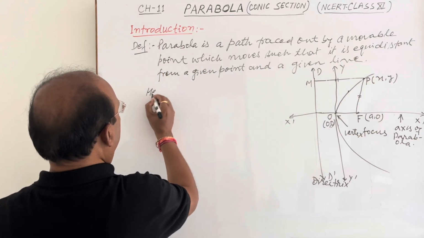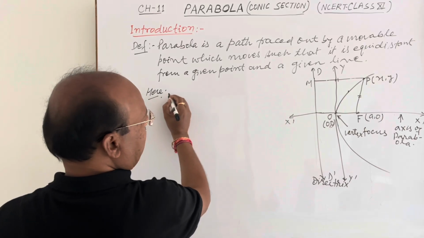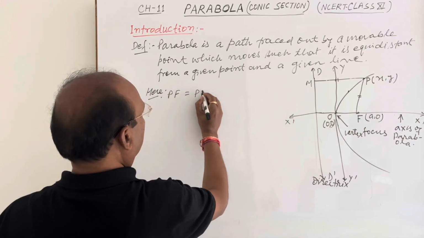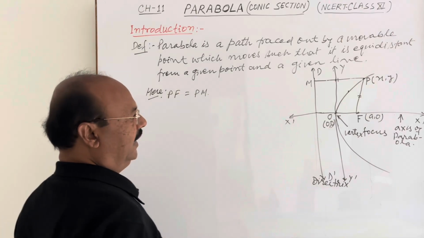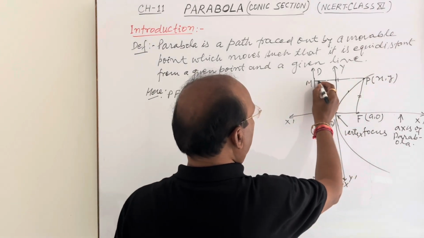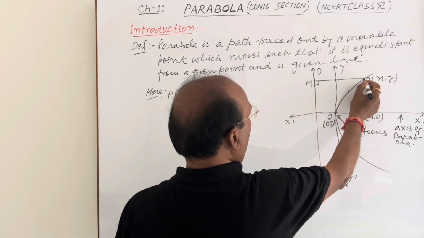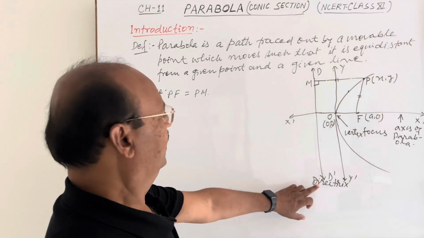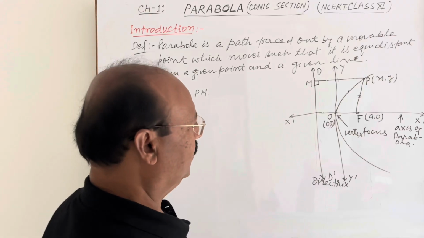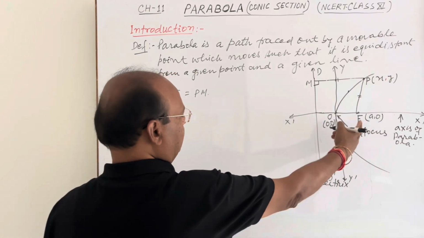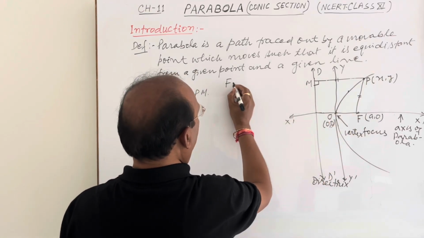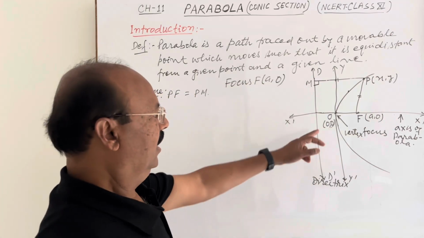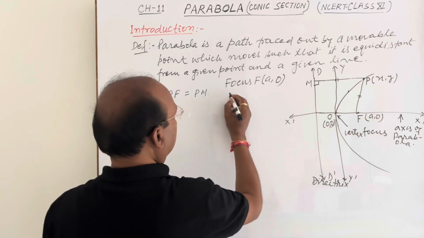So in this figure we see here PF is equal to PM, and PM is the perpendicular distance of this point from this directrix. This is the directrix. Okay, and as we discussed, here the focus is denoted by F, and O is called the vertex.